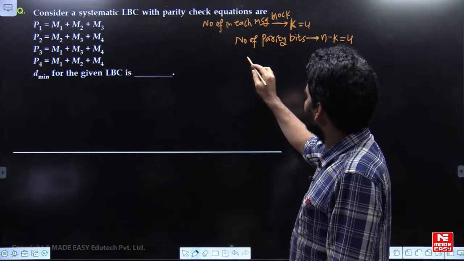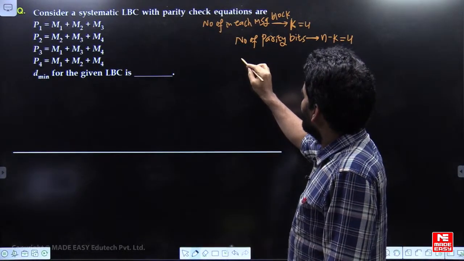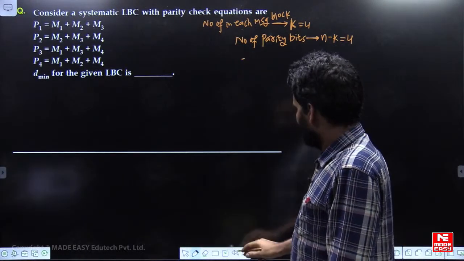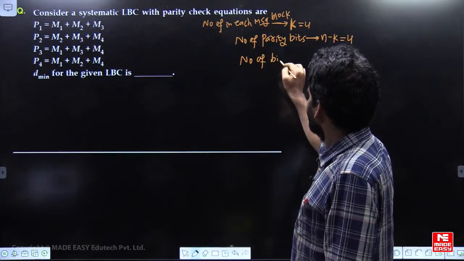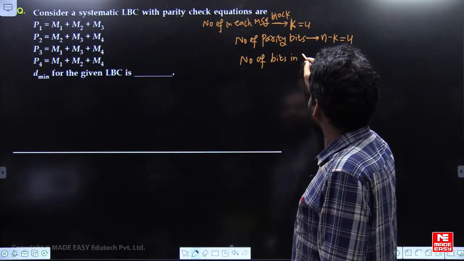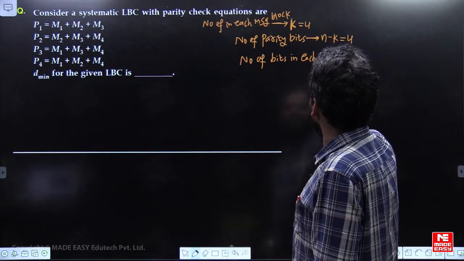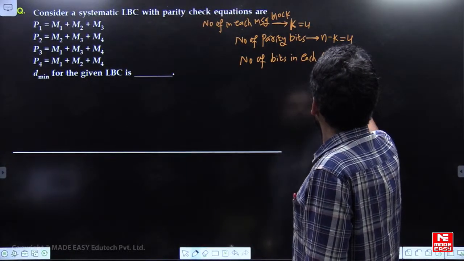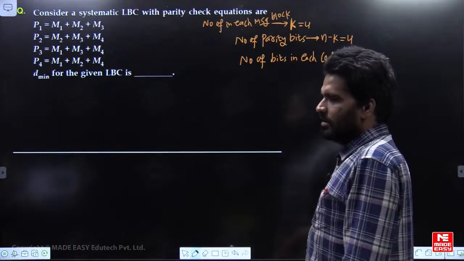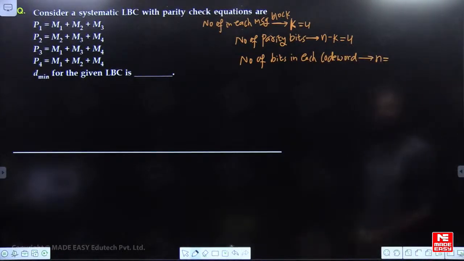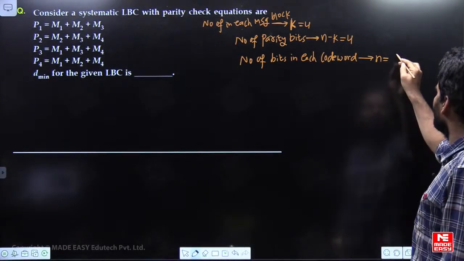Number of message bits is 4 and number of parity bits is also 4. Then the number of bits in each code word, n, each code word will have how many bits in it, that will be 8.